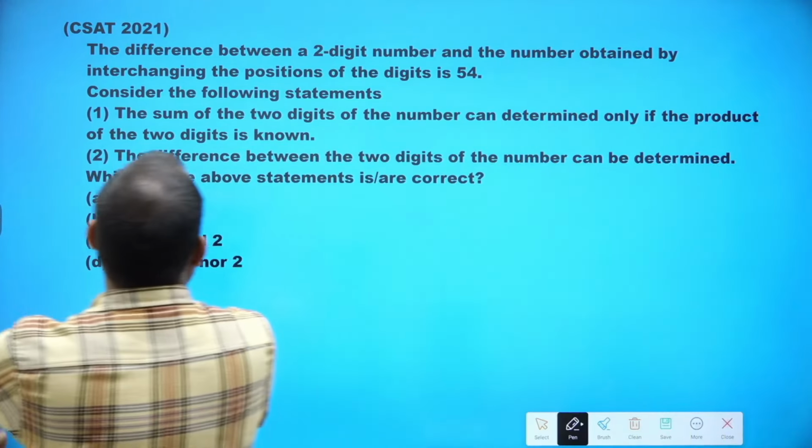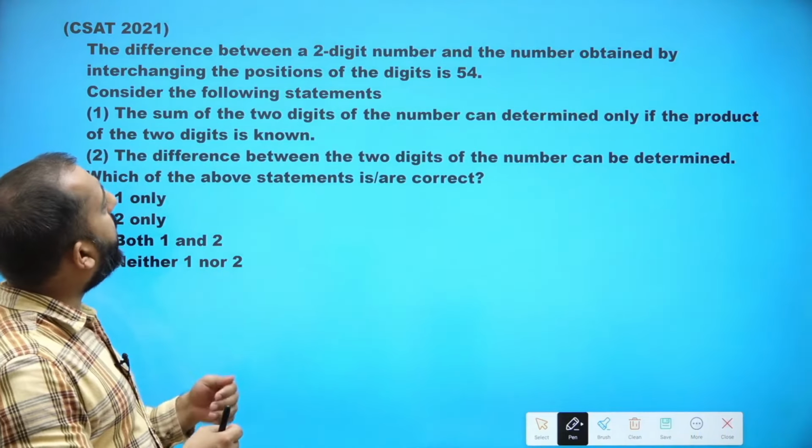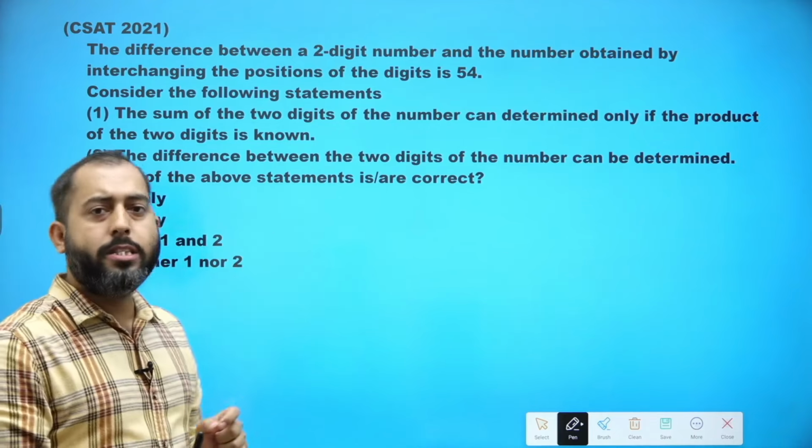It says the difference between the 2-digit number and the number obtained by interchanging the positions of the digits is 54.